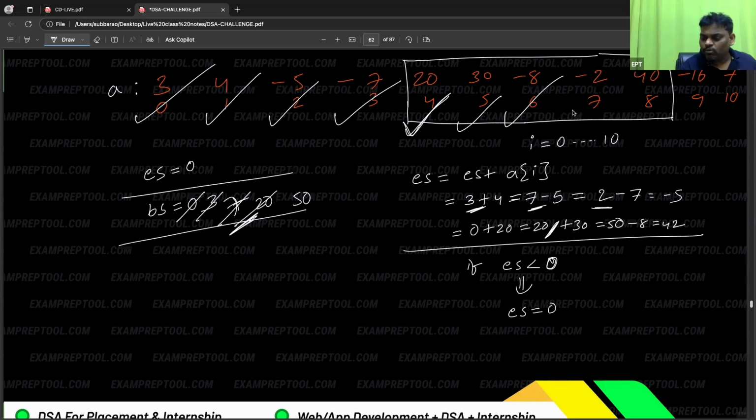No change. Next one, -2, which makes 40, is it better than the previous one? No change. Next one, 40, which makes 80, is it better than the previous one? Yes, change it. Next one, -16, I think 64.